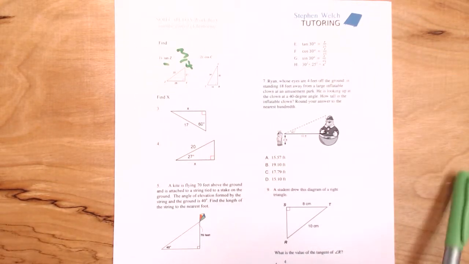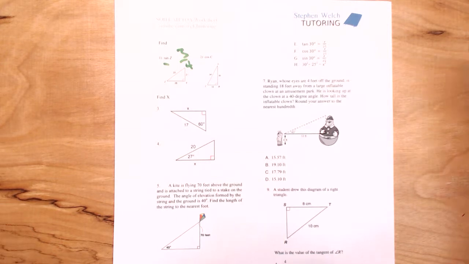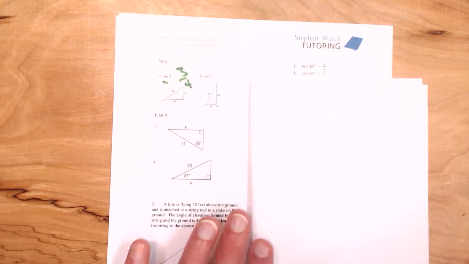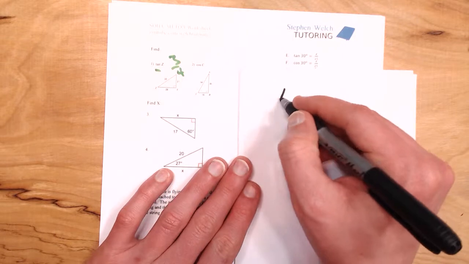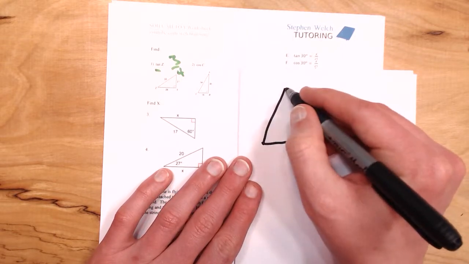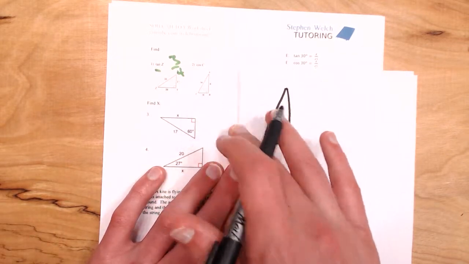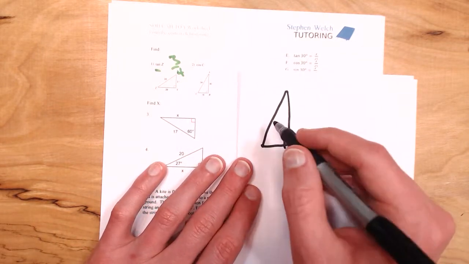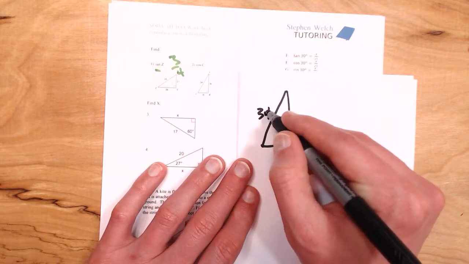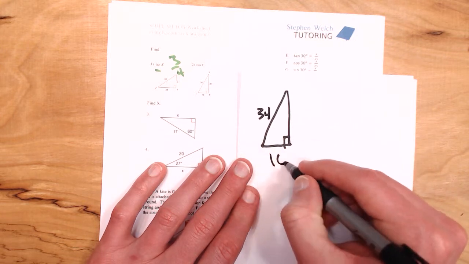Alrighty, so number two, they're asking us to find the cosine of C. I know this is kind of small here, I'll draw it a little bit bigger. I'll try to fit a good number of problems onto these worksheets so you get as much practice as you need. So on this one, I'm going to put this number on here, and I'll copy this number down.